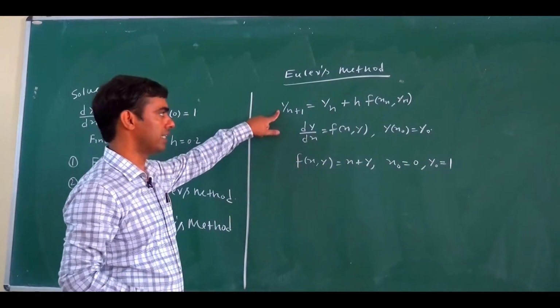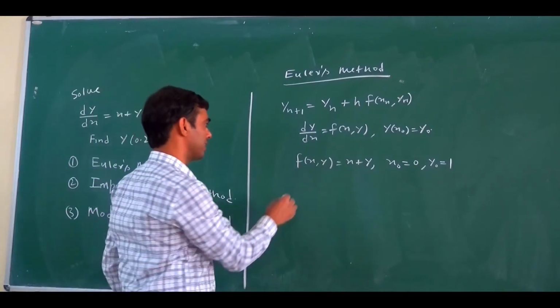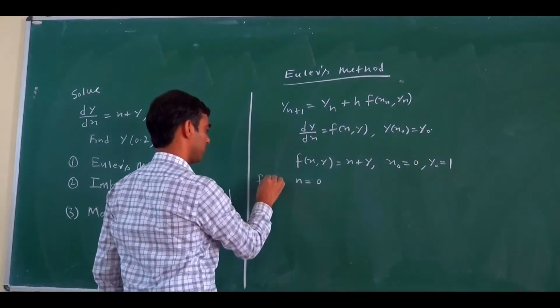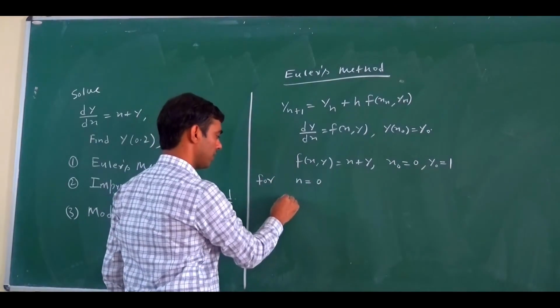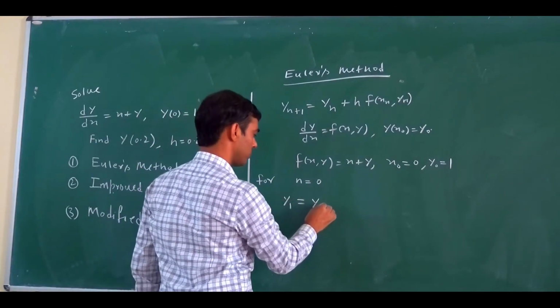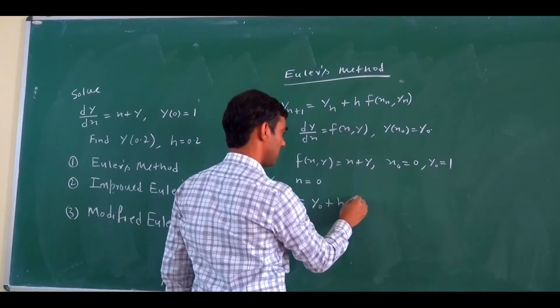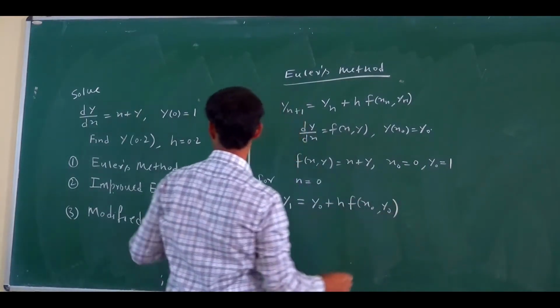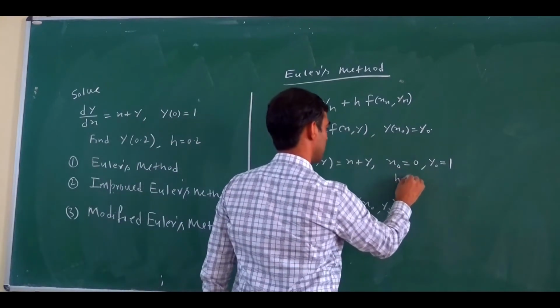Now in the iterative scheme of Euler's method, we put n = 0. For n = 0, y1 = y0 + h f(x0, y0). h is also given: h = 0.2.